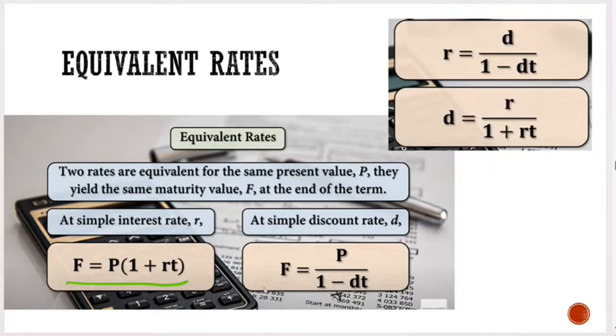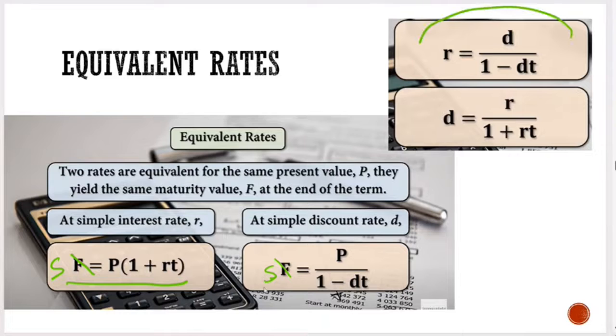Okay, so now this is the formula for the interest rate. In our context, this will be our S. I just want us to stick to the same notation. This will be our S. Okay, so now if you've got a simple discount and you've got the simple interest, these are the two formulas that you would have. Now these two, your S can be equal to your S. If your S is equal to your S, you are going to have an equivalent rate.